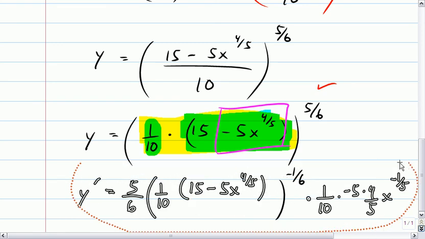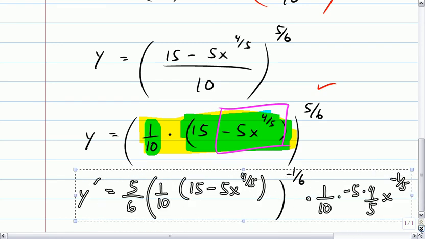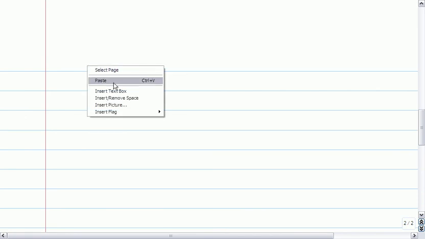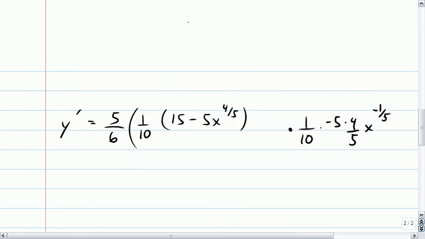I could definitely clean that up a little. I think I lost an exponent here when I copied. This was negative 1/6. So, things I do to quickly clean this up: that 5 and that 5 would cancel. This 4 divided by 10 is 2/5.